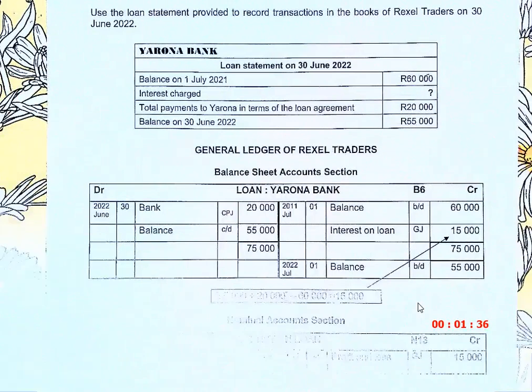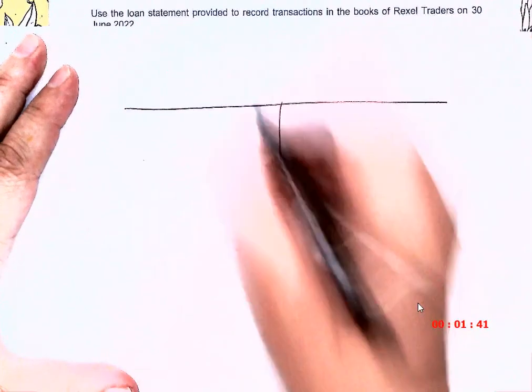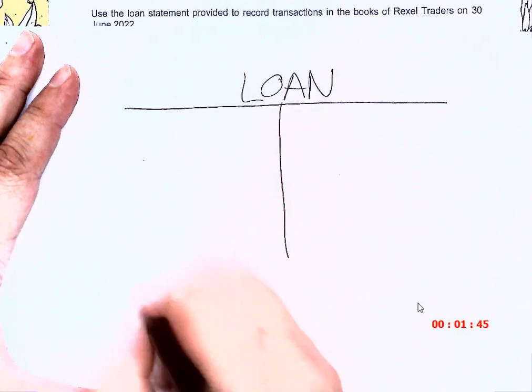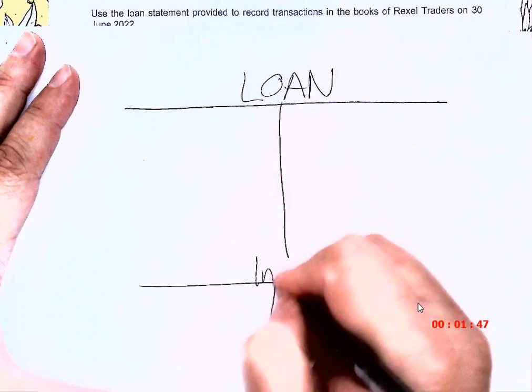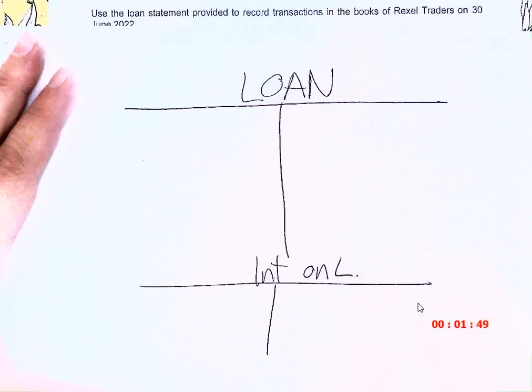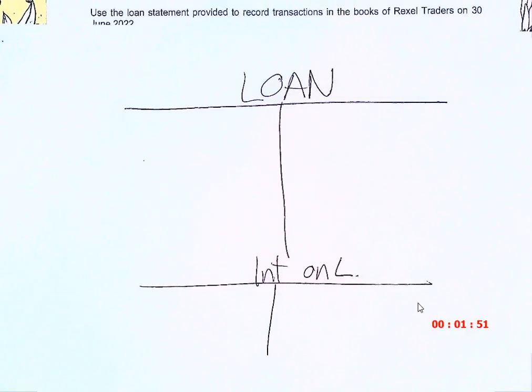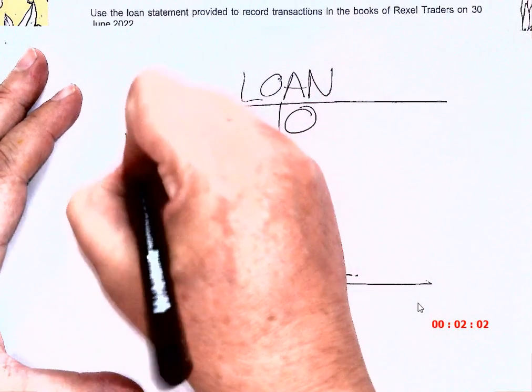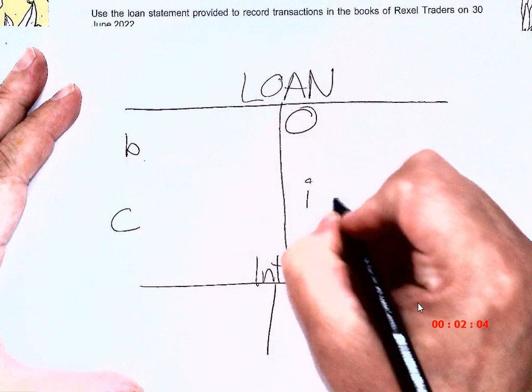Now, I just want to, before we start, just explain to you again. If I draw my loan, and my interest on loan, the interest on loan is not influenced by if it's capitalized or not. Okay? So, your loan, we always will say, I have an opening and a closing and a bank and an interest on loan.